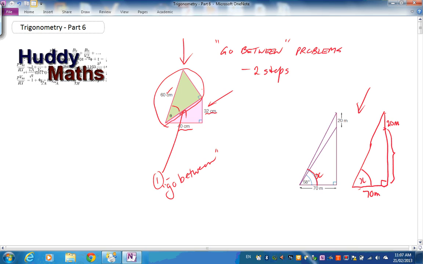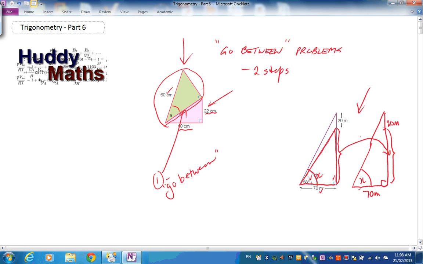Well, what could we do? What's the go-between? This is the go-between side here. If we found that, we could go between the triangles, pop it over here, and we'd be in business. So the go-between is that side. Can we find it? Well, let's look. This triangle here has a 90, 58, 70.